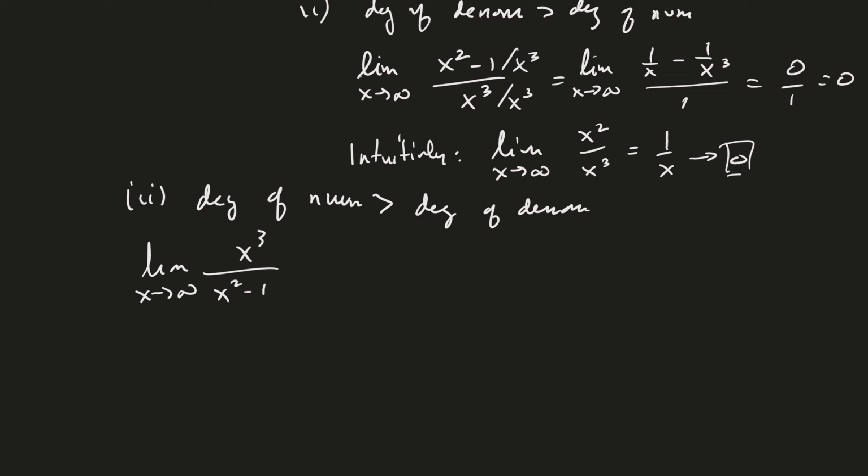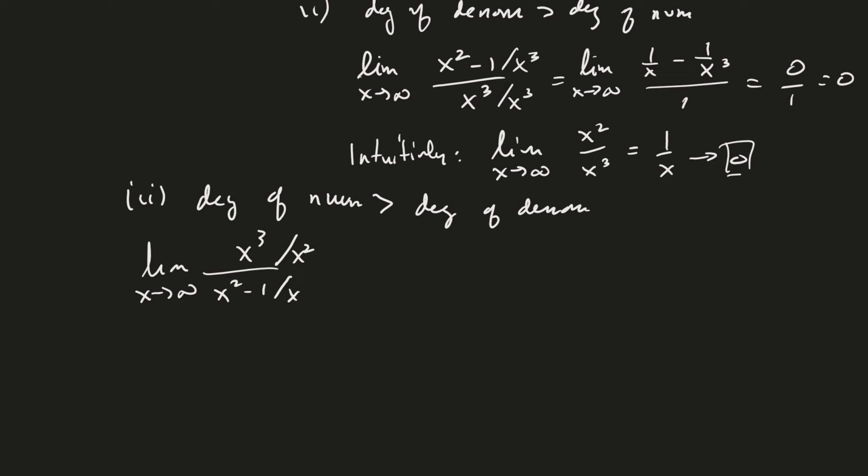So again, you could just divide top and bottom by x squared in this case. I guess you could divide top and bottom by x cubed, but then you'd have a 0 in the denominator, and you don't want a 0 in the denominator. So I wouldn't divide by x cubed, but we could divide by x squared.